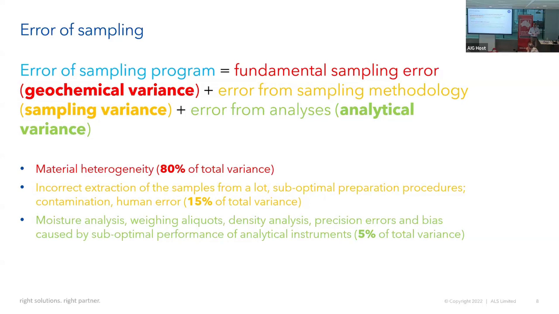And then that error from analyses, the analytical variance is a fairly low contributor to the total error of what we're trying to quantify. And that's a reason why things like core duplicates often have difficult to define failure criteria, and typically the failures are not actually actionable by the laboratory, particularly if they're related to the material itself, in other words, the geology.